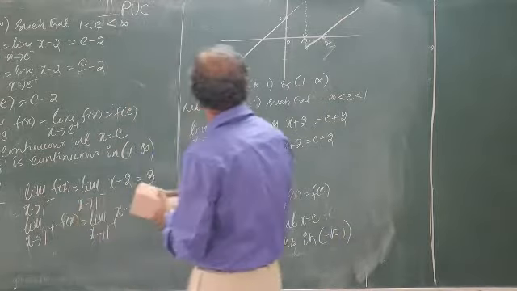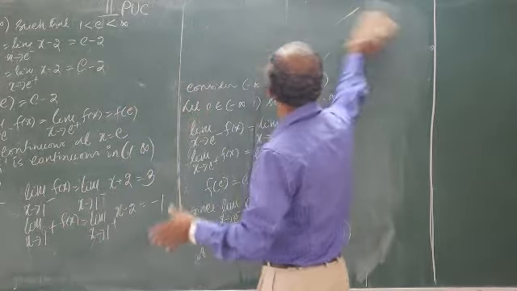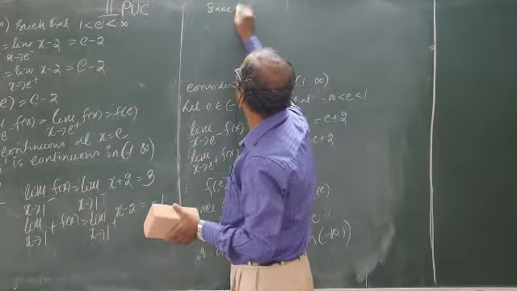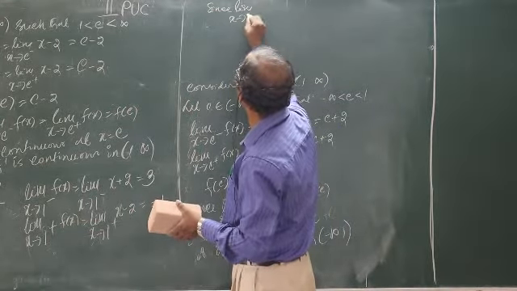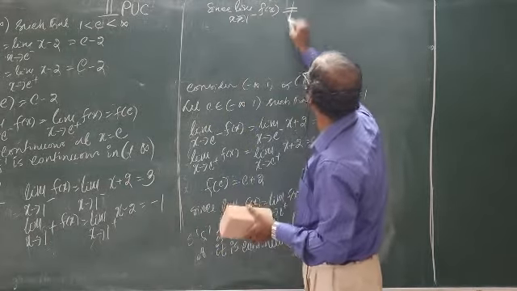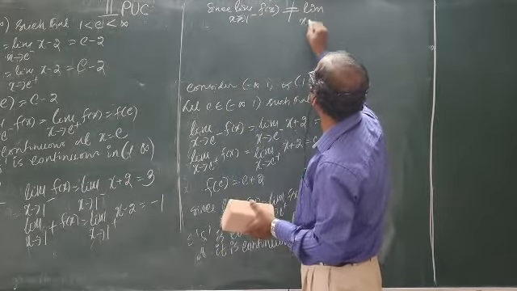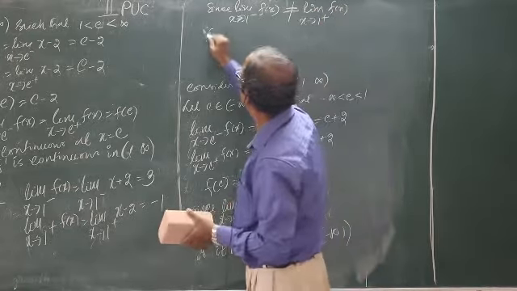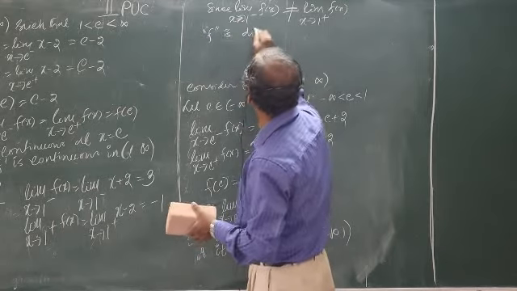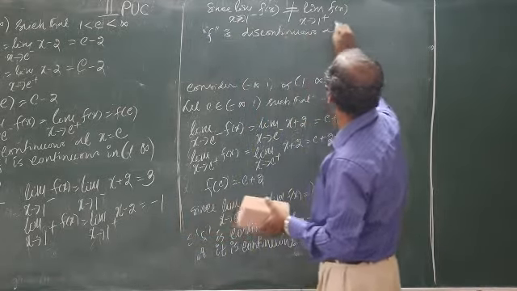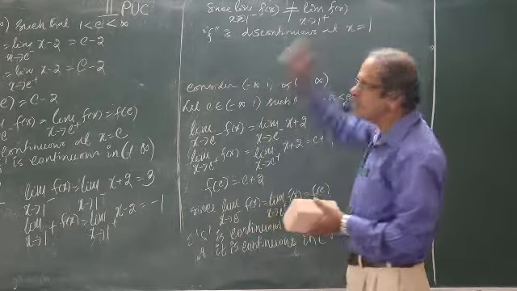Conclusion, let me raise the graph. Since limit x tending to 1 minus f of x is not equal to limit x tending to 1 plus f of x, f is discontinuous at x equal to 1.